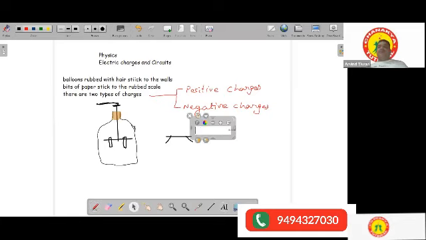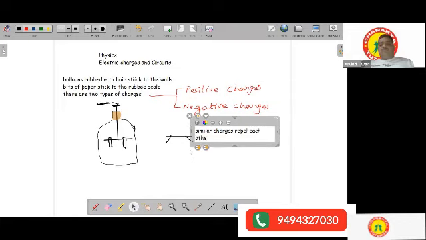So you can write a note here that similar charges repel each other, and opposite charges attract each other.